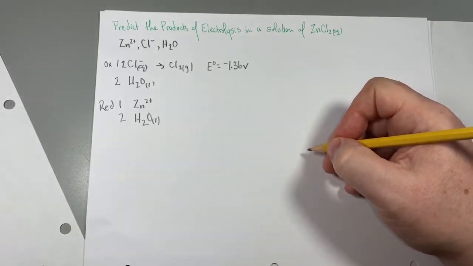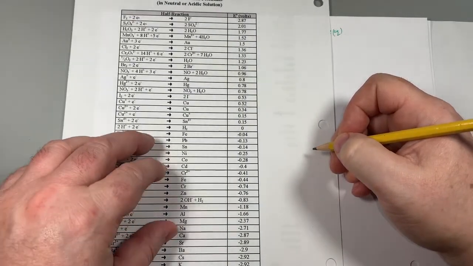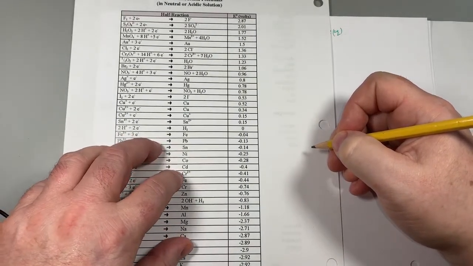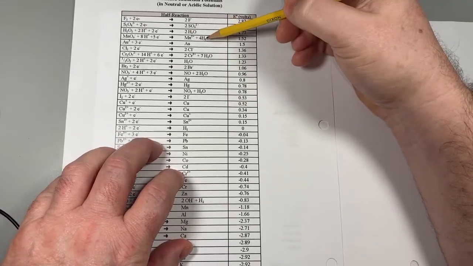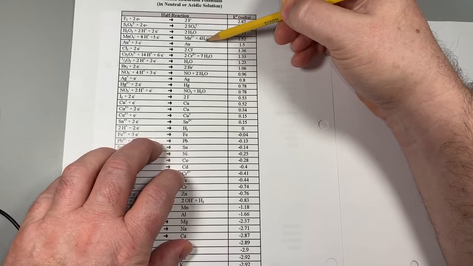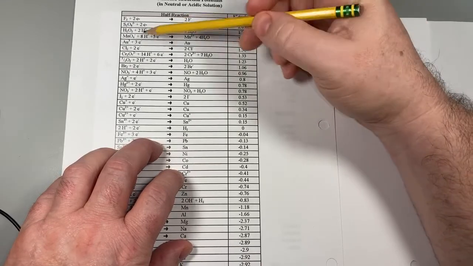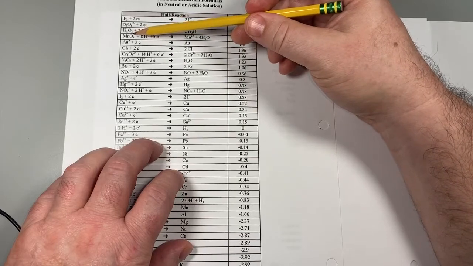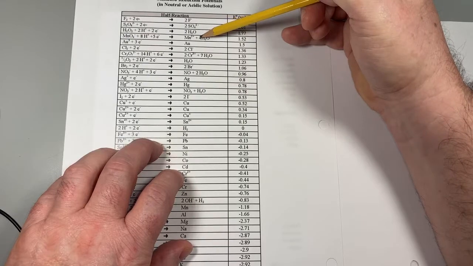Now, to find the oxidation of water, I want to find water on the right-hand side, the same way I look for chloride on the right-hand side. We can see water on the right side in a lot of reactions. I want only water, but I don't want it forming from anything that I don't have in this solution. I don't have peroxide, so that's no good.